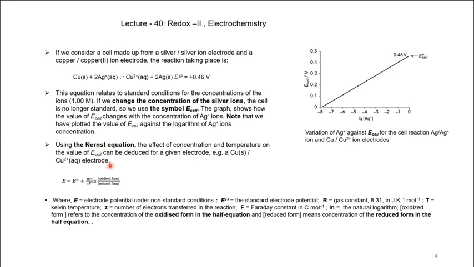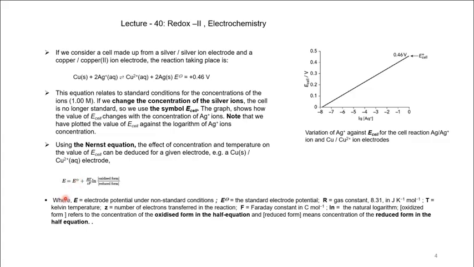The Nernst equation is: E cell is equal to the standard electrode potential plus RT over ZF times ln of the concentration of oxidized form over the concentration of reduced form. That is the Nernst equation. With the help of this, we can find the E cell even if we only know the standard electrode potential.